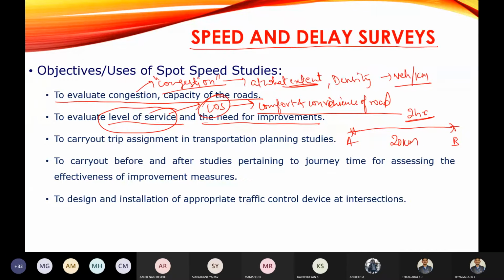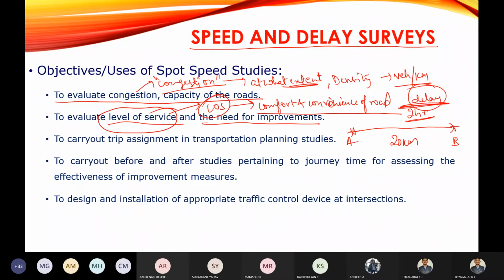If the road is in damaged condition, the delay will be there. You will be moving at lesser speed, your vehicle speed will be very low. So in turn, the time required to travel from A to B will be more, and you will be encountering this delay.